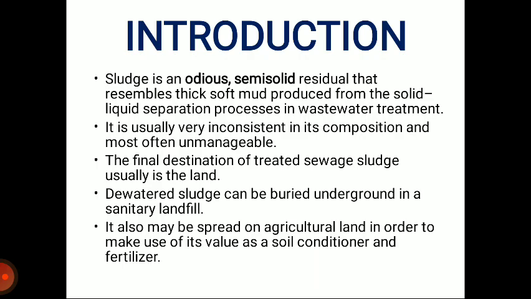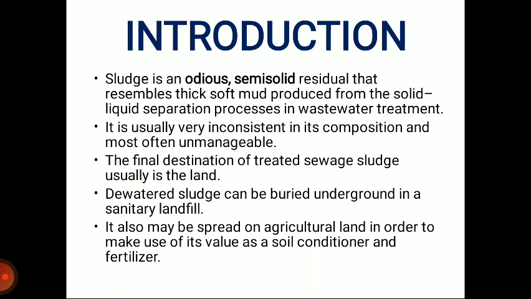Introduction. Sludge is an odorous semi-solid residual that resembles thick soft mud, produced from the solid-liquid separation process in wastewater treatment. It is usually very inconsistent in its composition and most often unmanageable.